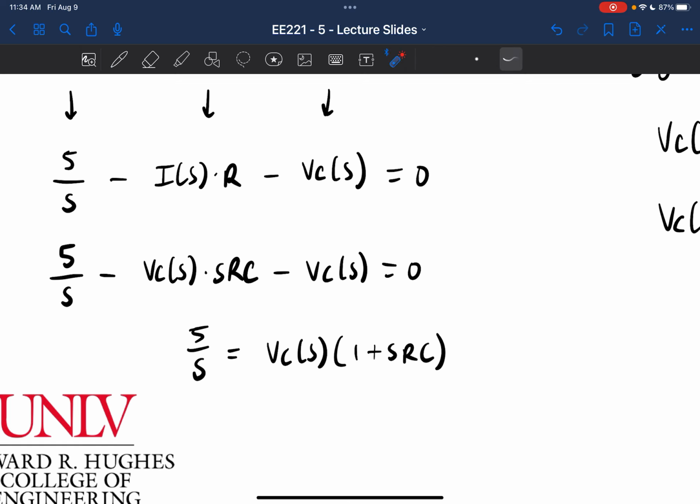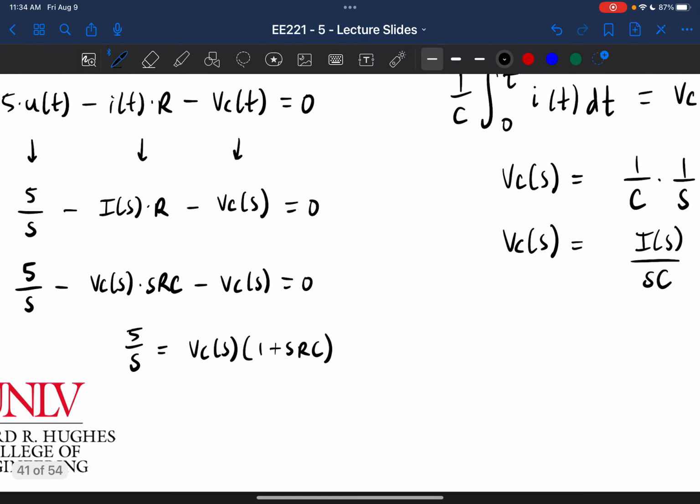So what did I do there? I basically took these two terms, moved them to the other side, and factored out Vc of S. And now the last thing I need to do is divide both sides by 1 plus SRC, and I get Vc of S is equal to 5 over S times 1 plus SRC.